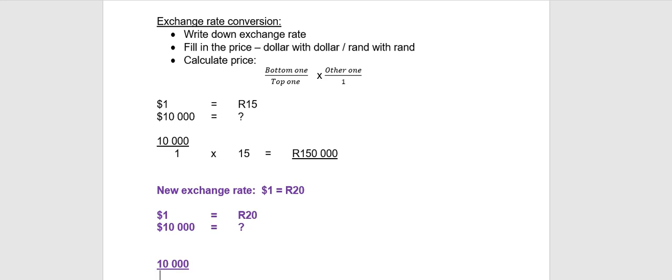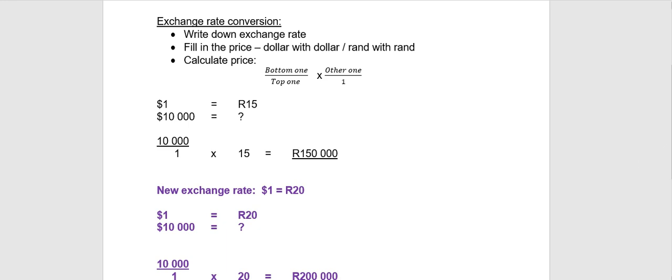Then we multiply by the other one, which is the new exchange rate, 20 rand. If we do this calculation, we see that this car is now costing me 200,000 rand.